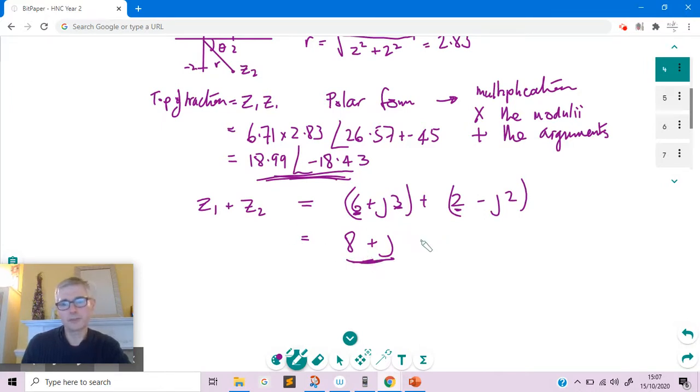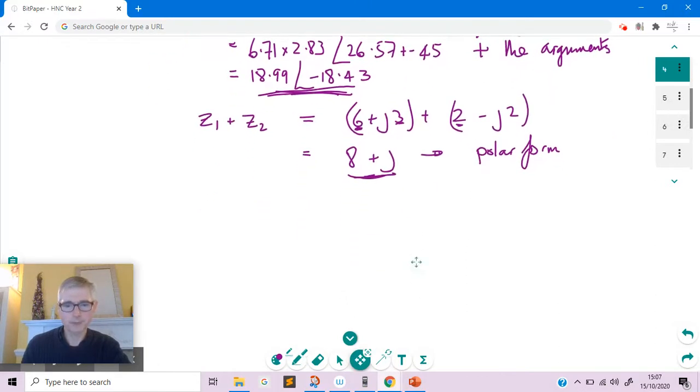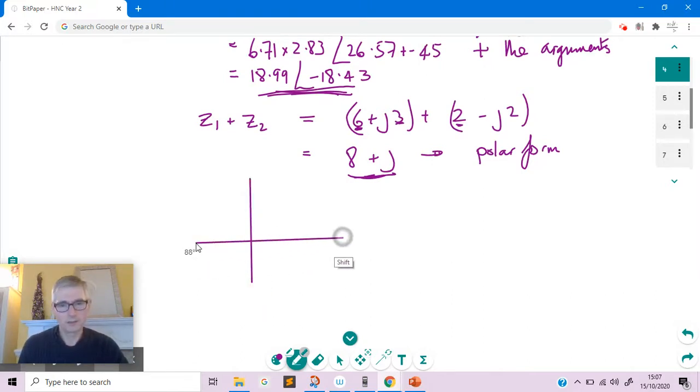But we need to put this now into polar form. So as you'll notice, there's lots and lots of converting between the different representations of this complex number. So again, we're going to draw the Argand diagram. So we can see this is going to look something like this, where this is 8 and this is 1.